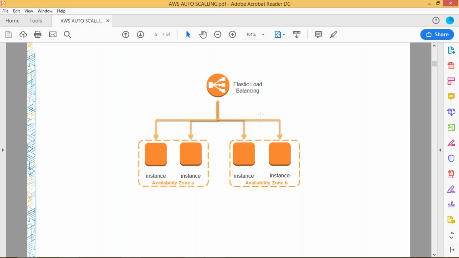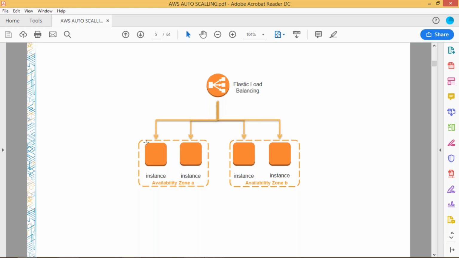Suppose we have only one instance in a particular zone, and then one instance there, and two instances. For the elastic load balancer, we require at least two instances, and the maximum we can provide is as per our company requirement. Maximum 10 or maximum 6, but the minimum requirement is 2 instances.